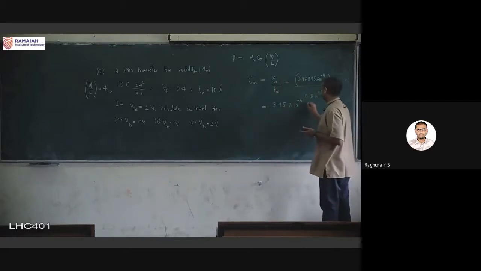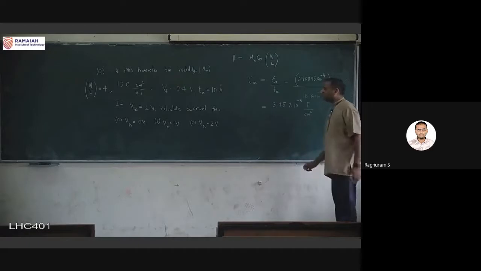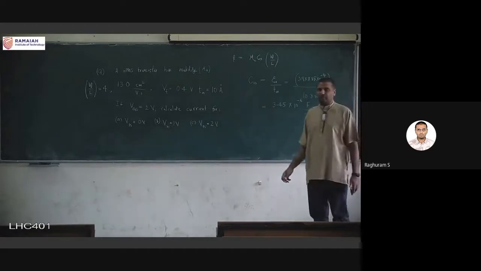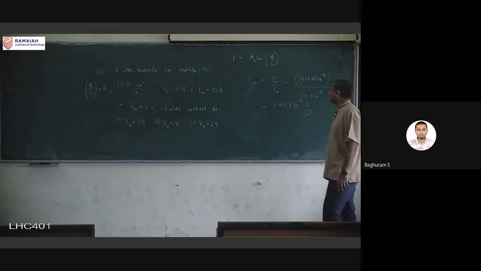Since this is capacitance, the unit is farad, but it is farad per centimeter square because the A part is not being used here. The A part was taken as other terms in the equation. So this is my C oxide, and then I can multiply it with mobility.